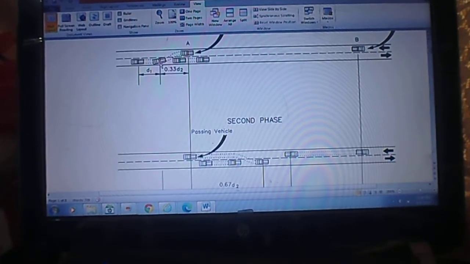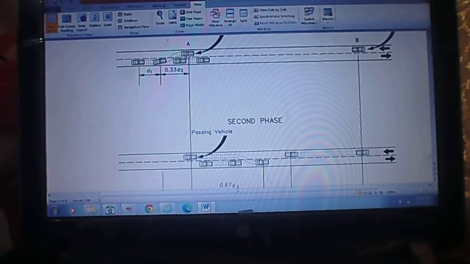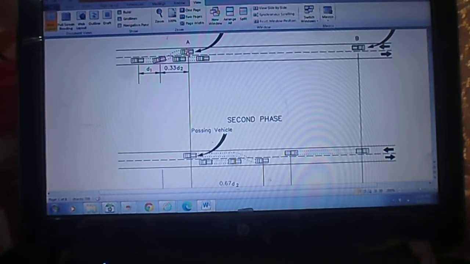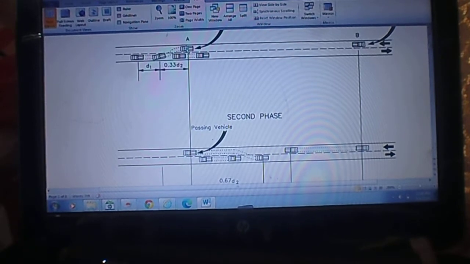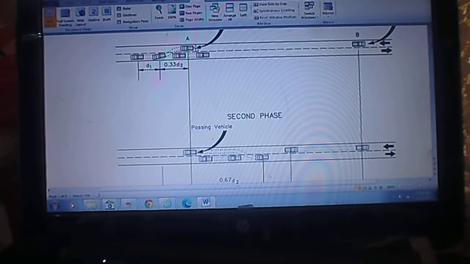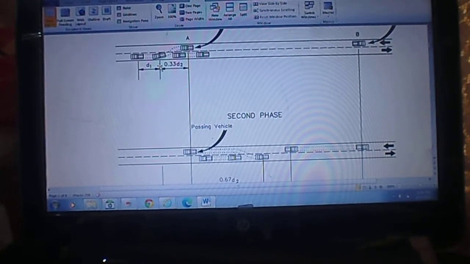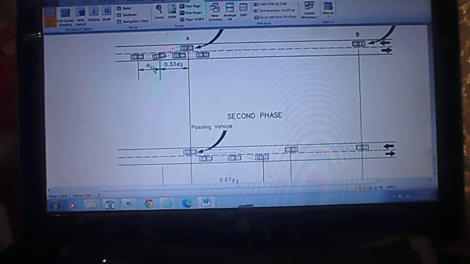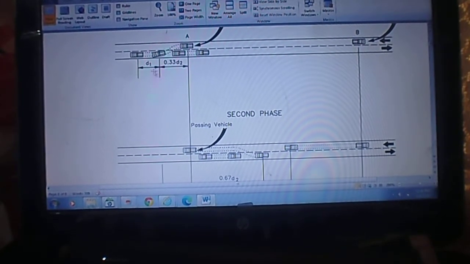So the square of the final speed minus the square of the initial speed of the passing or maneuvering vehicle divided by twice the acceleration is equal to that kinematic distance. That distance plus the so-called perception reaction distance equals D sub 1.